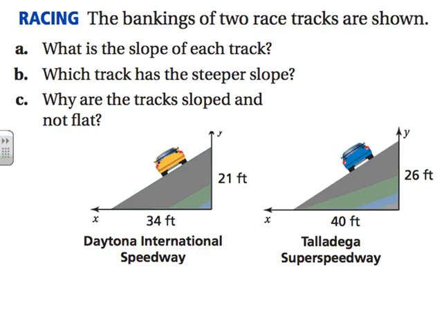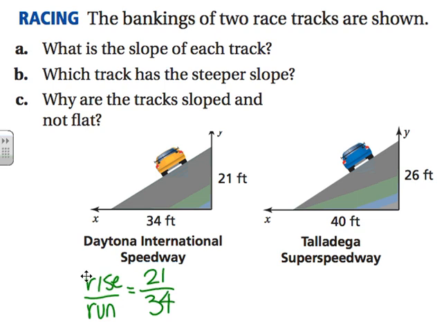All right, next we have 2 racetracks, and we need to figure out which slope is steeper by finding the slope of each one. So the first one, rise over run. The vertical change is 21, and the horizontal change is 34. So 21 34ths.